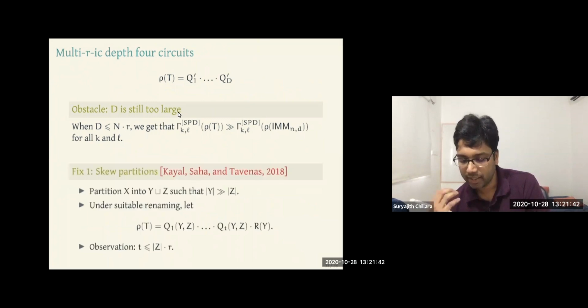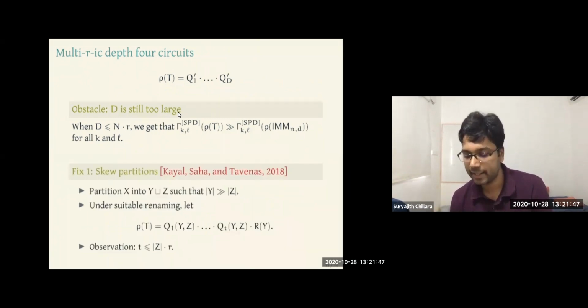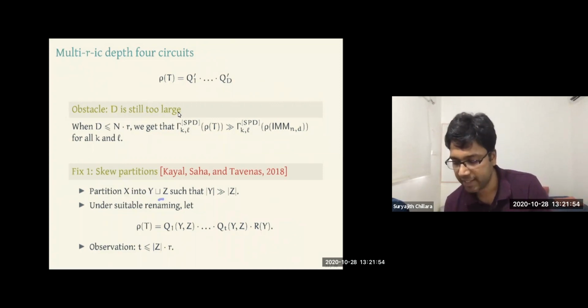So basically what Kayal, Saha and Tavenas do is they make another observation. You take the variables x and partition them into two disjoint sets, y and z, such that the number of variables in y is much larger than the number of variables in z. And let's look at the restricted term rho of T. Under renaming, let's first write the polynomials Q1 to Qt such that these polynomials depend on z variables and the rest depend on y variables.